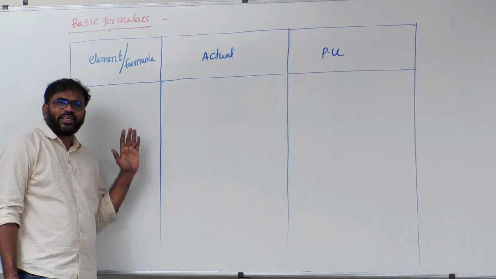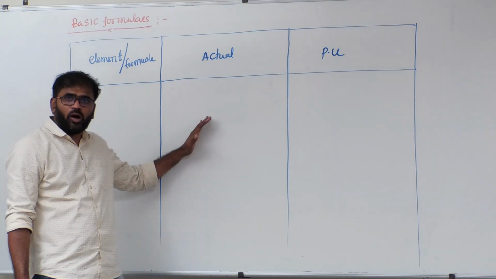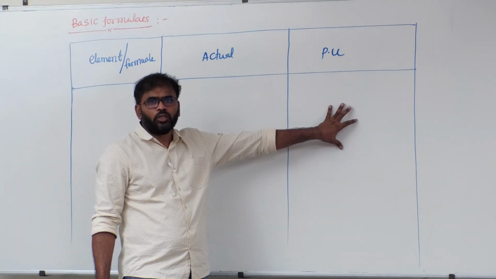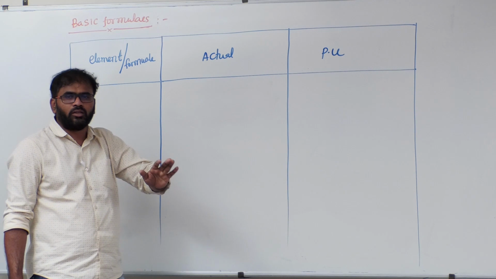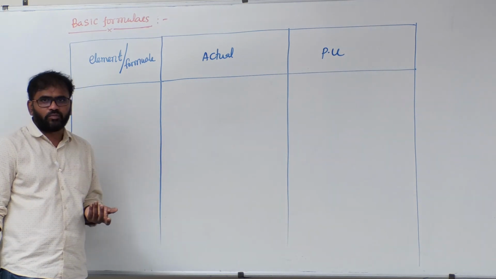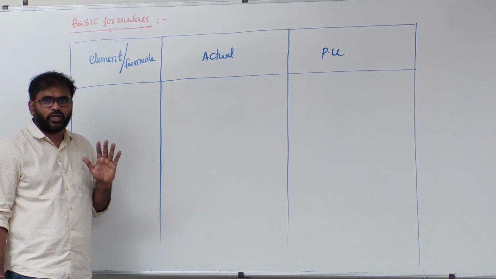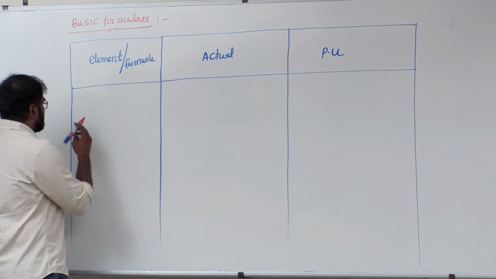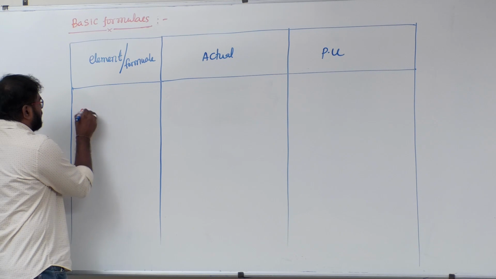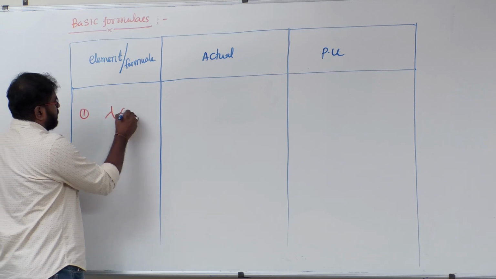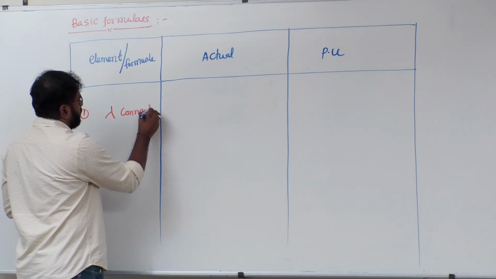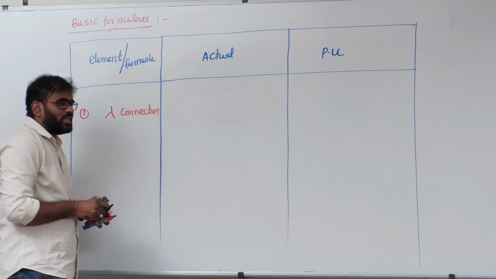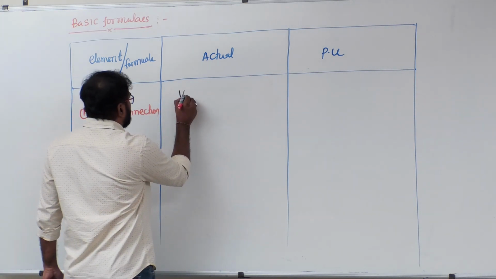Now we will see the basic formulas in actual form and in per unit form, so that we will not get any confusion when we come across problem solving. So this table is very, very important. Clearly observe. First we will proceed with star connection. For a star connection, what is the actual line voltage and phase voltage relation?